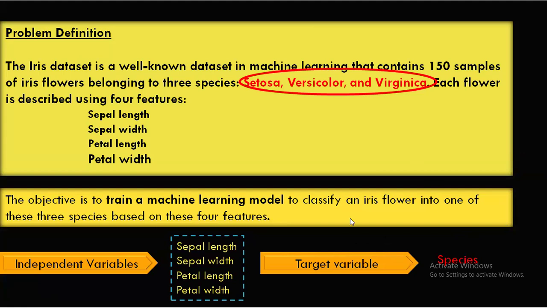So now the goal is we want to train a machine learning model so that if you show any iris flower to your trained model, it has to classify: this iris flower is Setosa, this one falls into the category of Virginica, this one falls into the category of Versicolor.